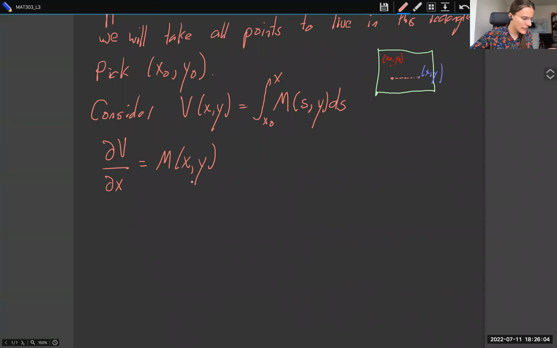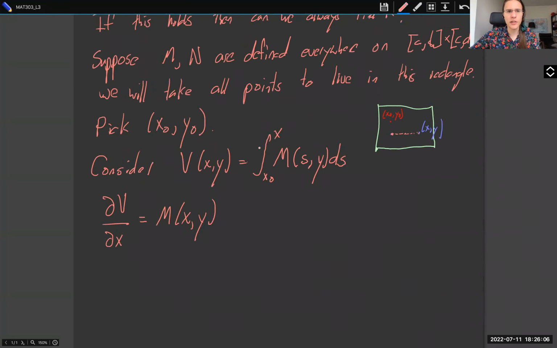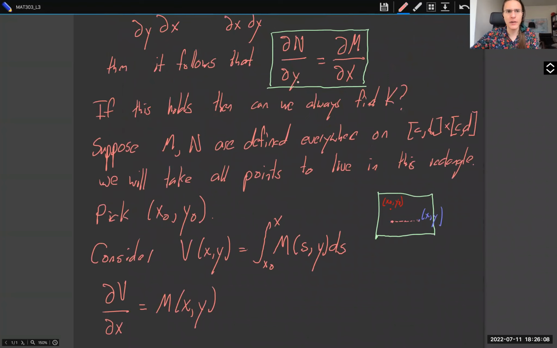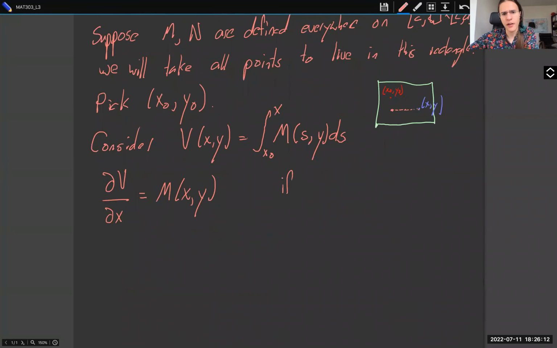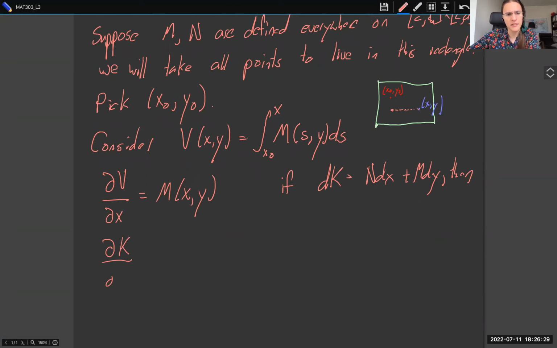Now, the thing is that we are looking for a function k. If dk equals m dx plus n dy, then by definition, the partial derivative of k with respect to x is going to be m of x, y.